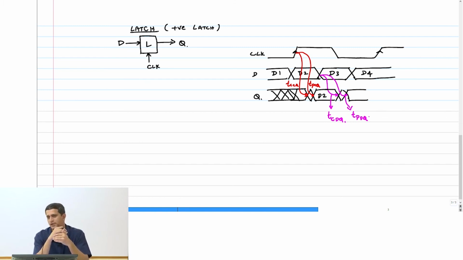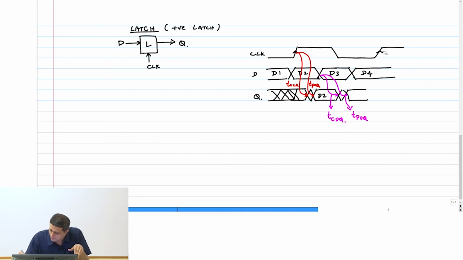Rising edge, yeah, but you look at the comparison with a flop, right? When I say sample, it means I'm sampling the data and I'm going to hold it. That means change in data after that should not be able to go through. That's what I mean by sampling. I mean sample and hold. Exactly. So for a positive latch, it's the negative edge, which is the sampling and holding edge. Right?